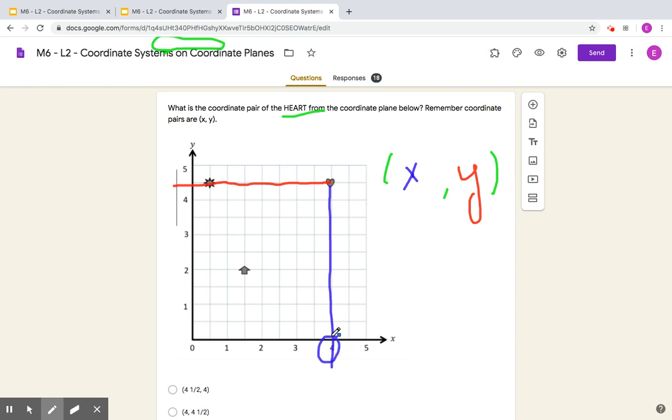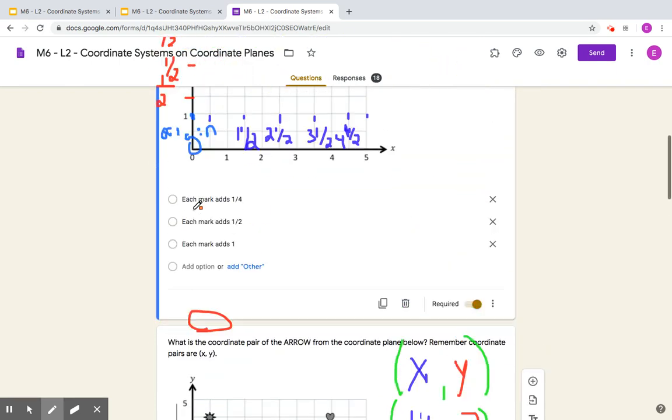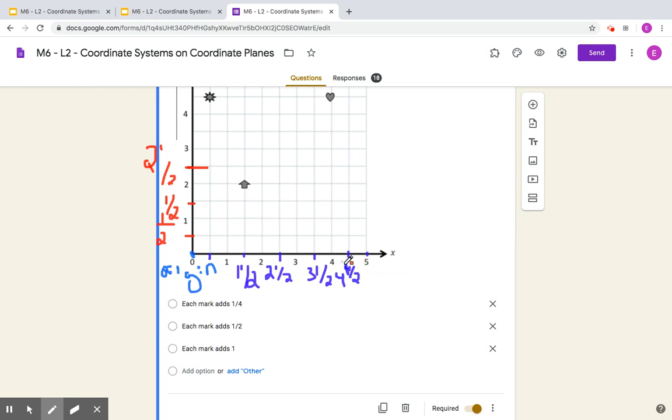On the x, it hits 4, which means it has an x coordinate of 4. On my y, it looks like when I went all the way over, I'm in between 4 and 5, which means if we go back up here, that I'm at 4 1/2.